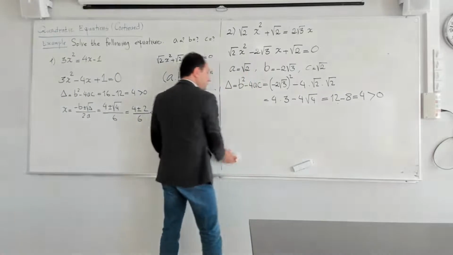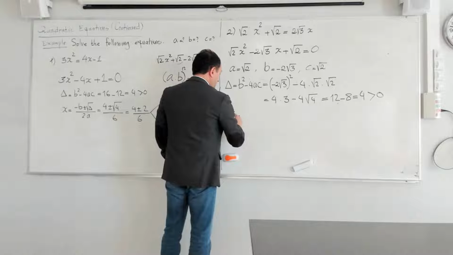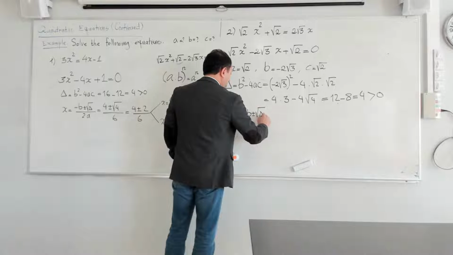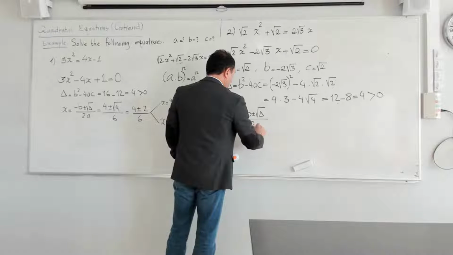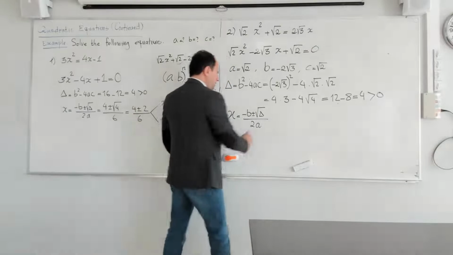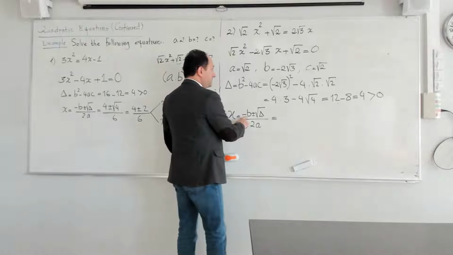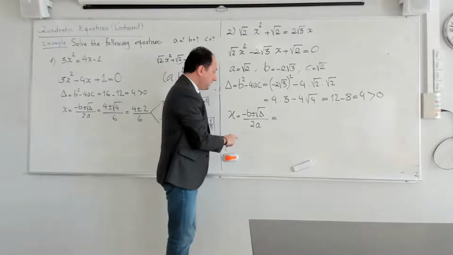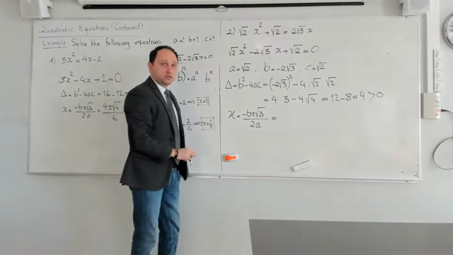There are 2 roots, yes? And then what is the formula? It's minus b plus or minus the square root of delta divided by 2 times a. And then I go minus b. This is my b. It includes a negative sign. The formula itself also has a negative sign.